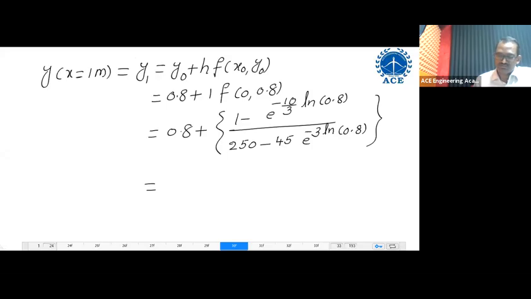What is the answer? The answer is between 0.78 to 0.80.